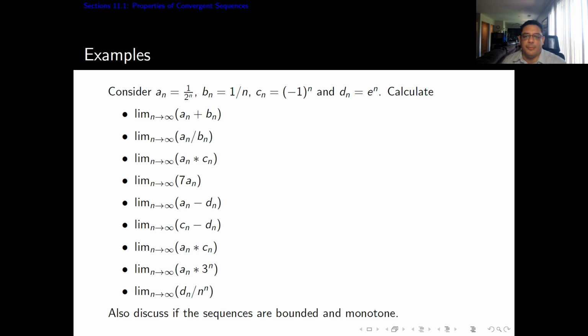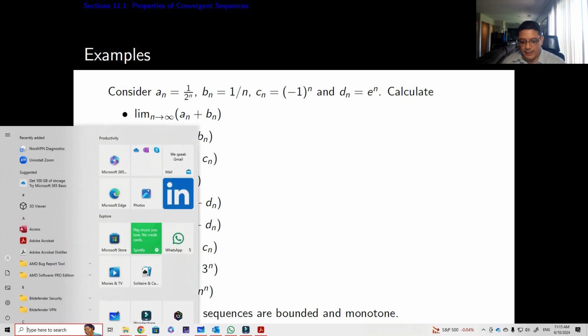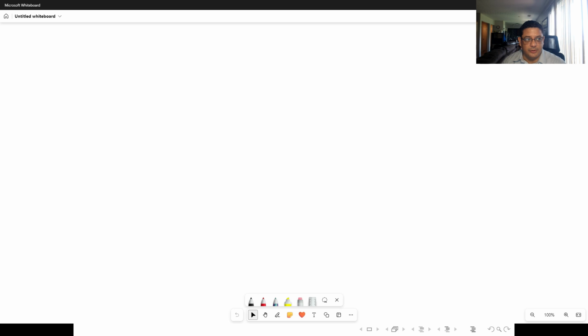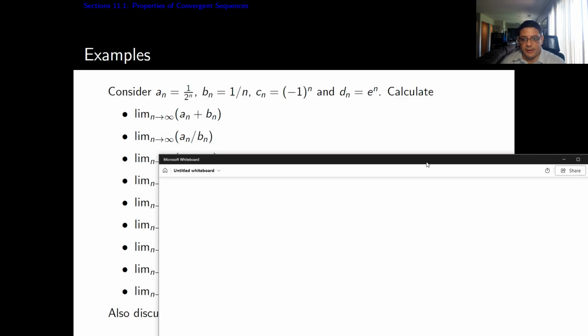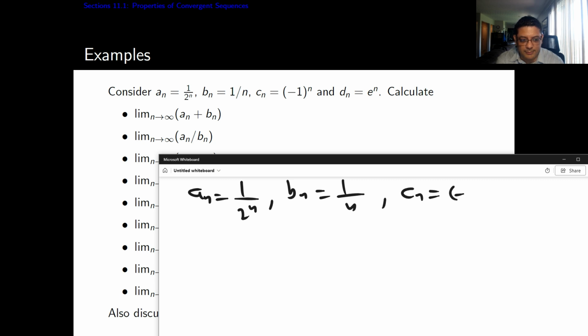So now let's see some examples of this in play. We're going to be using certain sequences. We're going to use a_n equals 1 over 2 to the n, b_n equals 1 over n, c_n equals (-1) to the n, and d_n equals e to the n.